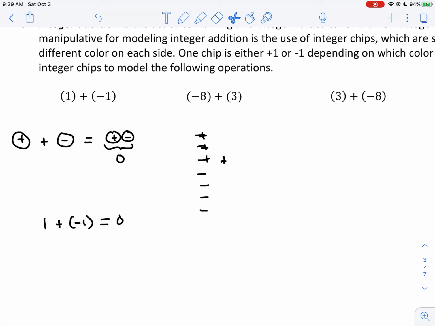Visually, you would put those 3 pluses there, they would cancel those negatives, and those would all go away. So you'd be left with, oh, I'm now seeing that I didn't do 8, I did 7. Notice I don't have enough negative signs. There we go. And so when the 3 negatives cancel with the 3 positives, we're left with 5 negatives still. So the result of this combination is a negative 5.